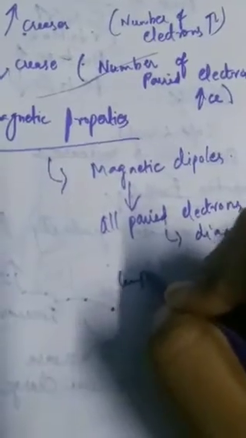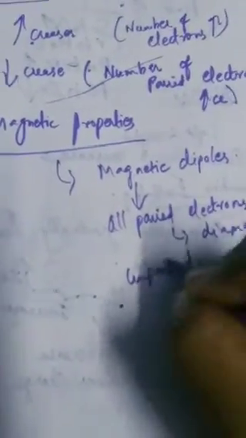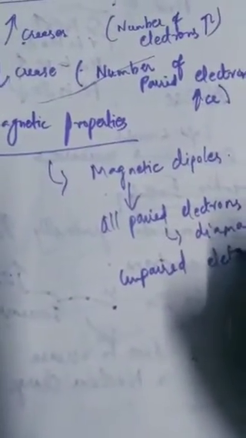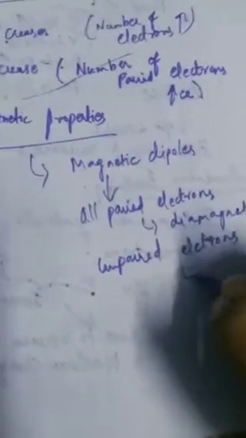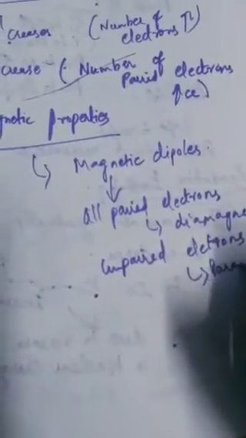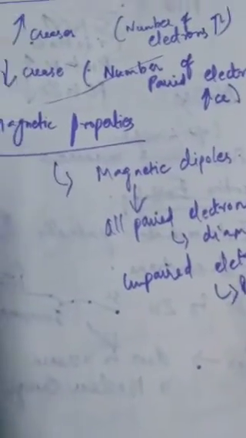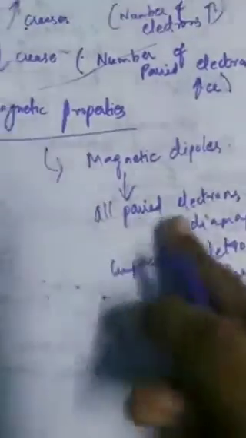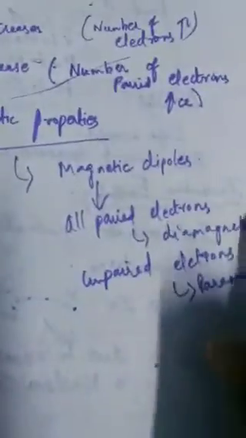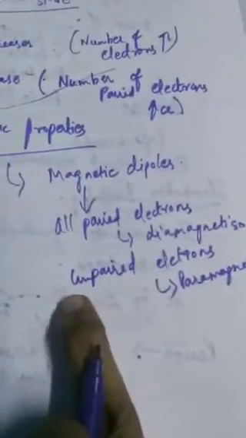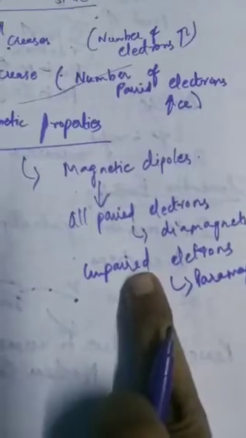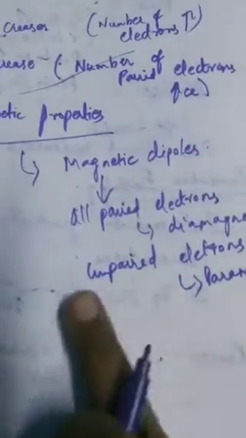All paired electrons are called diamagnetic. If they have unpaired electrons, it is called paramagnetic. In the last shell, all paired electrons mean it is diamagnetic. If the last shell of an element has unpaired electrons, they will be paramagnetic.